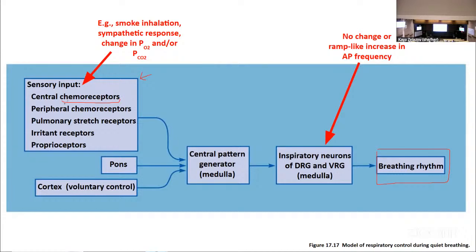There are also stretch receptors in the lungs. There are receptors that sense irritants like smoke. There are receptors that sense like the position of your body. Those are the proprioceptors. And then we've got things coming from the pons, things coming from your cerebral cortex, so like your voluntary thoughts, all going somewhere to the central pattern generator, which is then sending signals to the DRG and VRG in the medulla to generate your breathing rhythm.